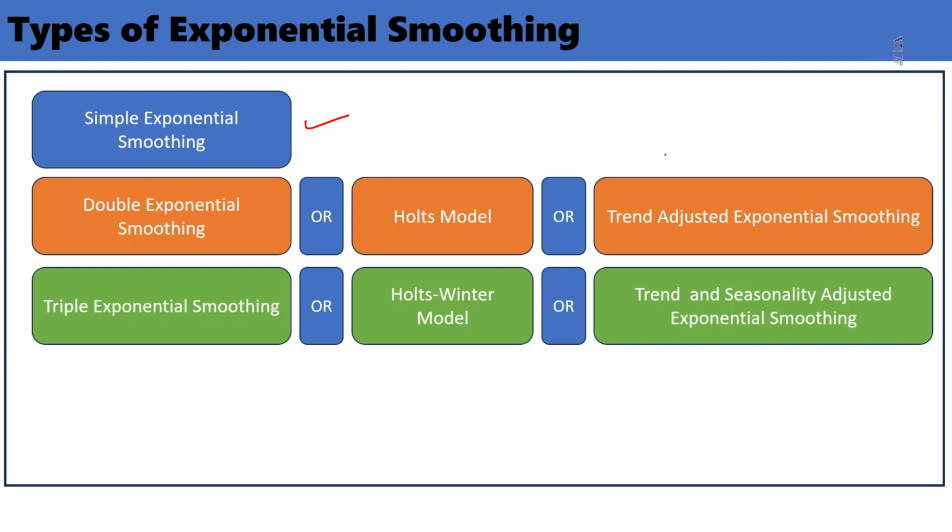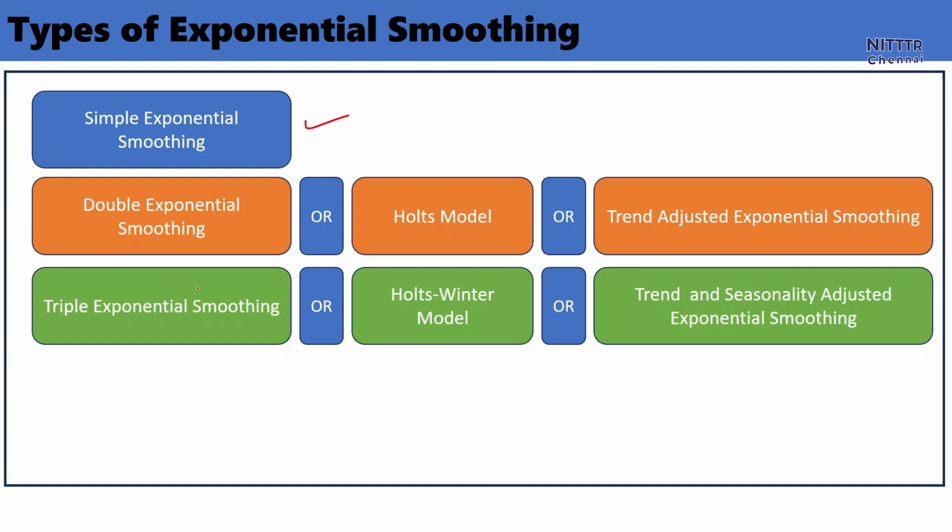When data has a trend, if we use simple exponential smoothing, it may not predict the data with higher accuracy. So, in order to predict with higher accuracy wherever we have a trend, we may use this trend adjusted exponential smoothing.